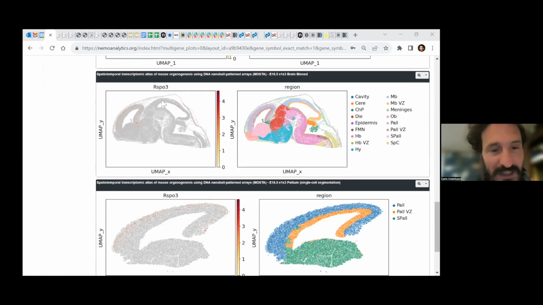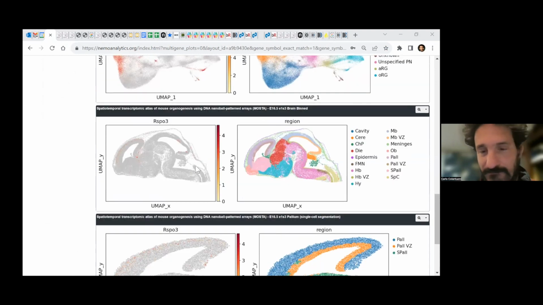One more thing on this profile here. This is an amazing set of genome-wide transcriptome data at near microscopic level. This is individual cells from a 16.5 brain. This is Chen et al. They don't use one of the standard spatial techniques. They use their own nanoball patterned arrays. They call it MOSTA.